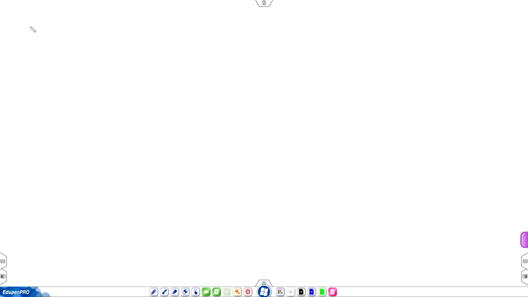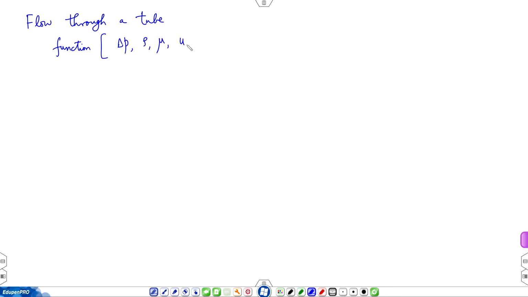So, for flow through a tube, we wrote the functionality to be delta P, pressure drop, which is a measure of losses taking place in the tube, rho, mu, u, d, L, epsilon equal to 0 as the functional relationship.